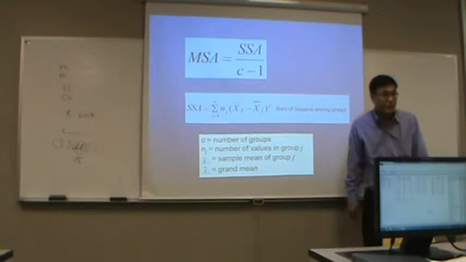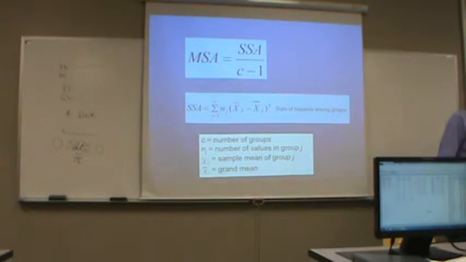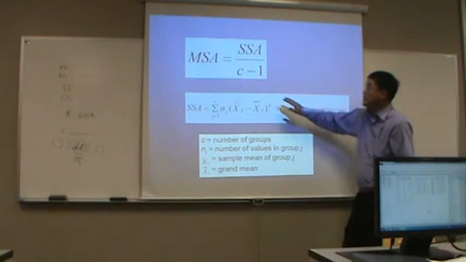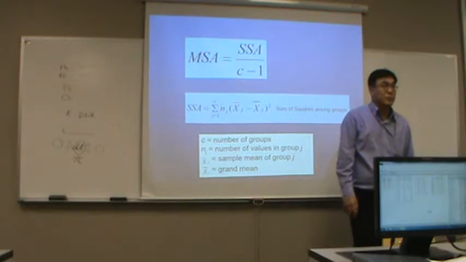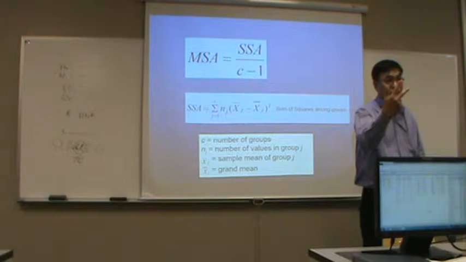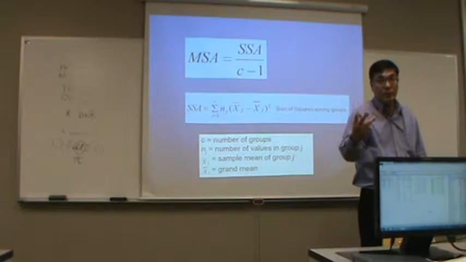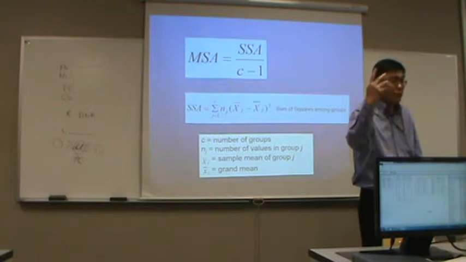Something complicated, right? By the way, in C minus 1, C is how many samples or groups. If there are 3 samples, C equals 3. If there are 4, C equals 4.